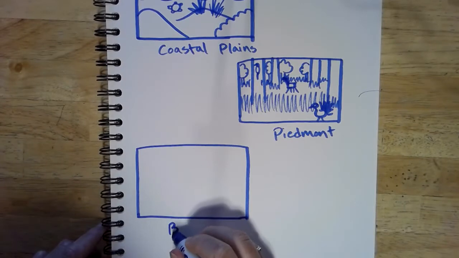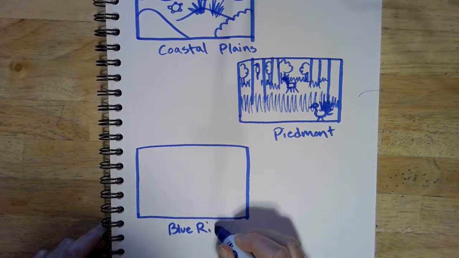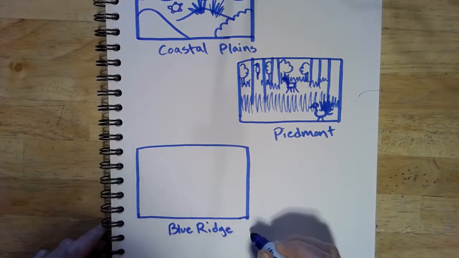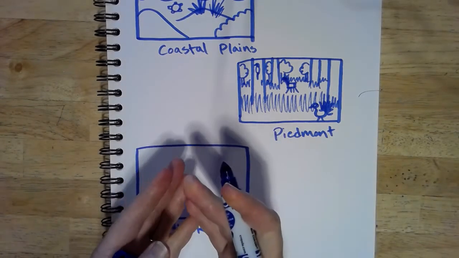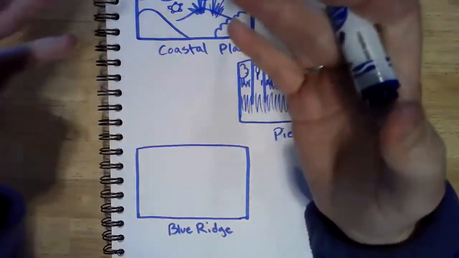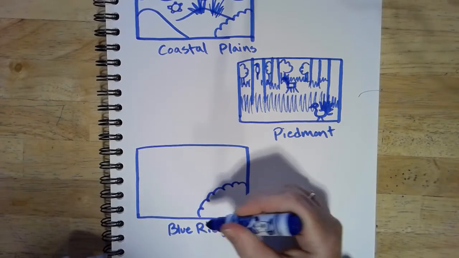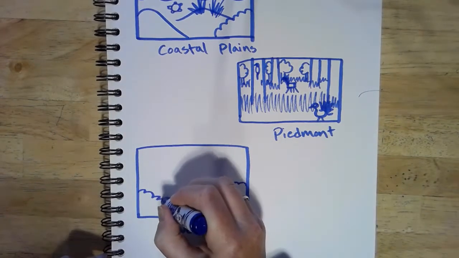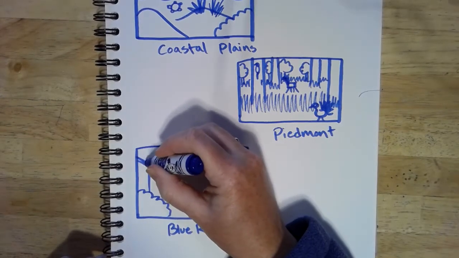Alright, Blue Ridge. Remember, Blue Ridge is the beginning of the mountains with a lot of foothills, tall hills. So you may have, like, you're standing on a ridge and you're looking out over the valley itself. So you may have a bush, another bush, a tree.